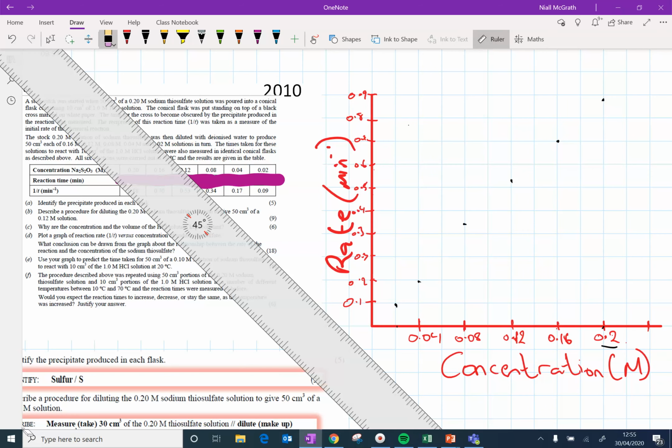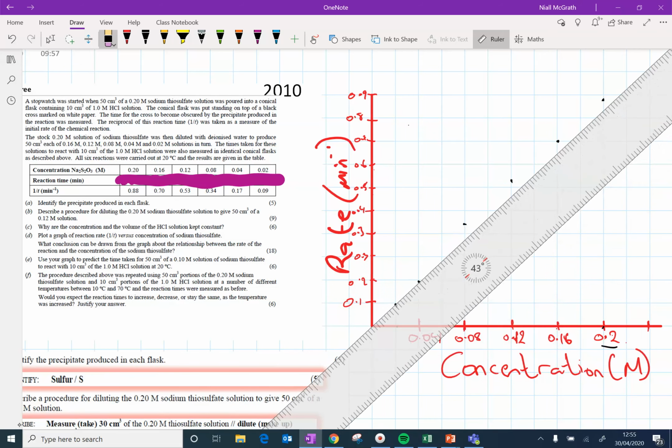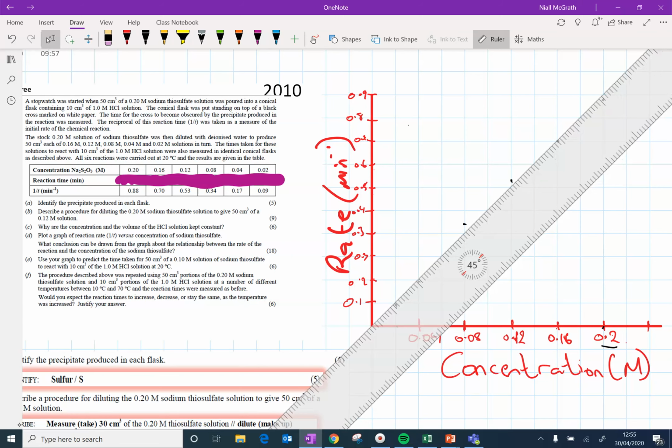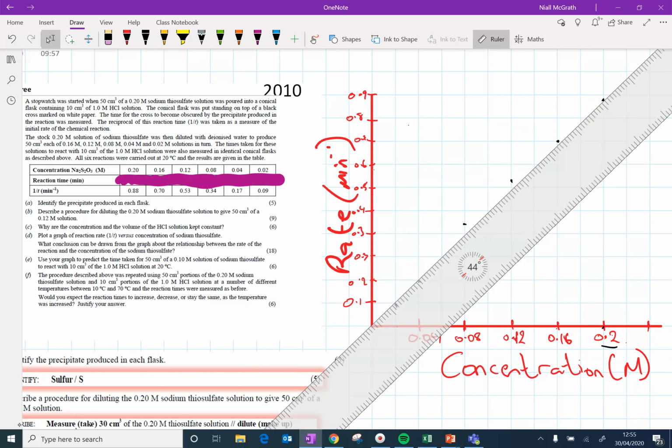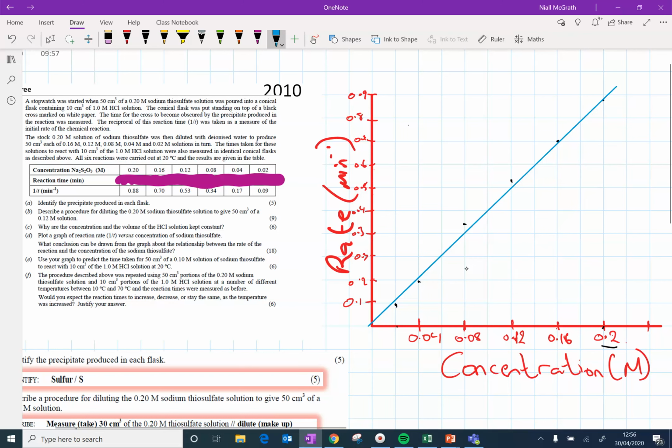we take out our ruler and we're going to draw a line of best fit. We're going to try and get as close to as many of the points as possible. So it's going to be about there, and then we draw our line. So that is our line.